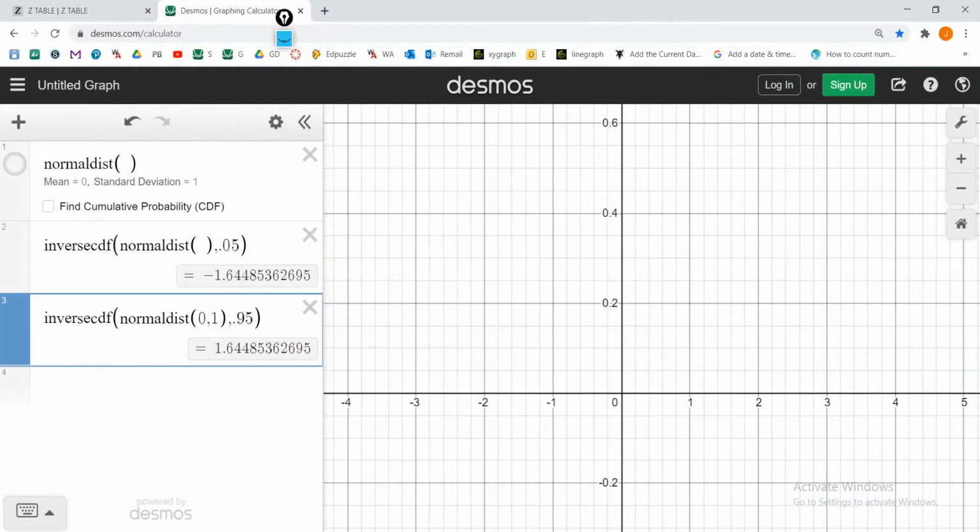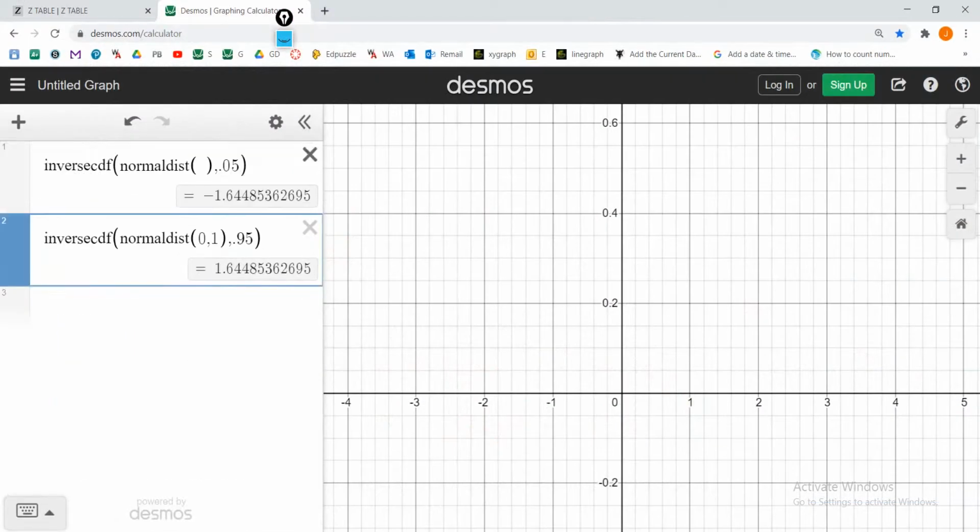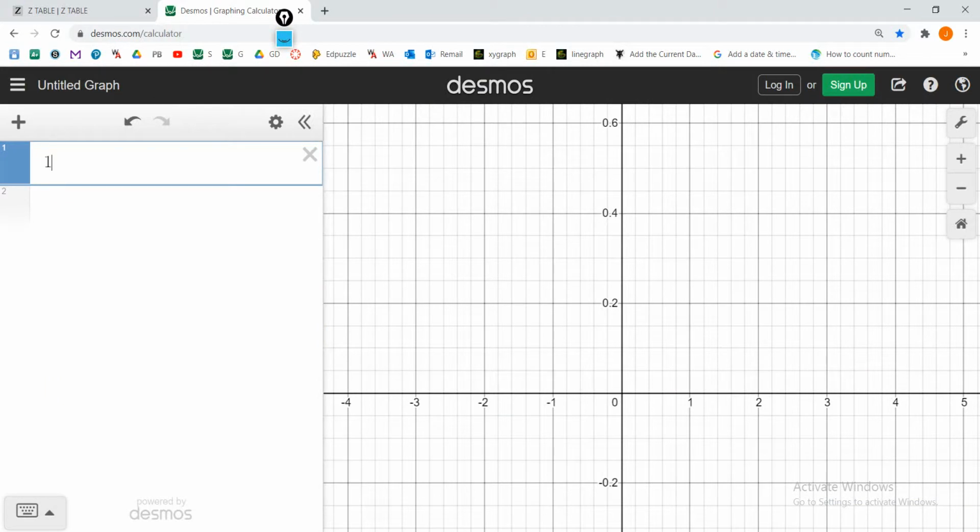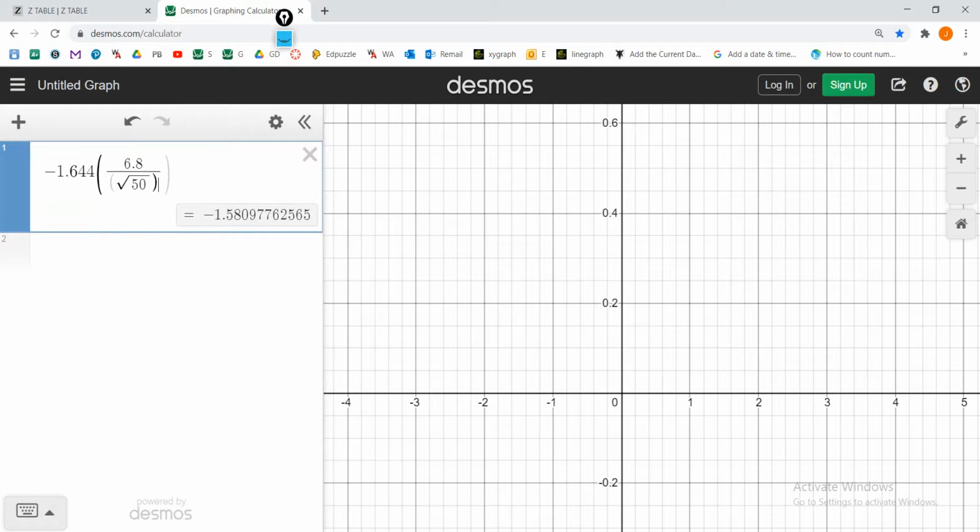So let's calculate that real quick. Negative 1.644 times sigma of 6.8 divided by square root of 50. I'm just going to put 19 there. So this is my lower bound.